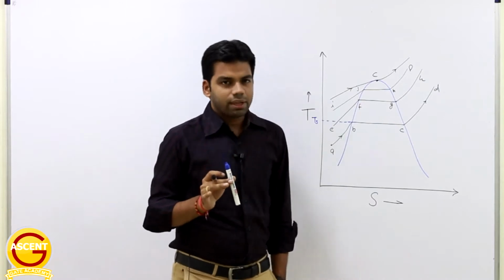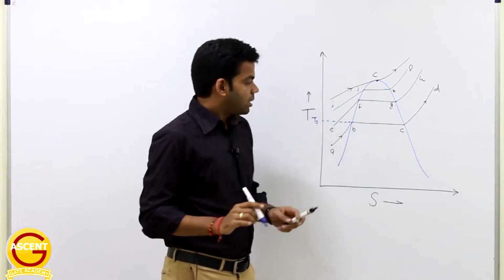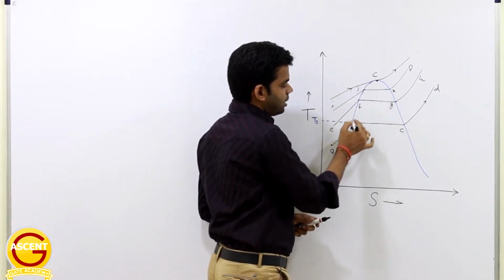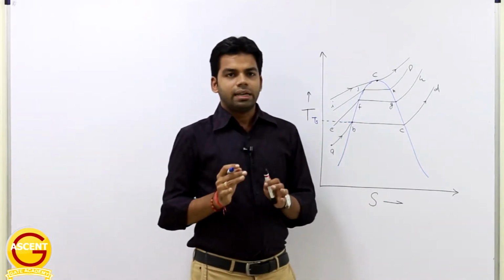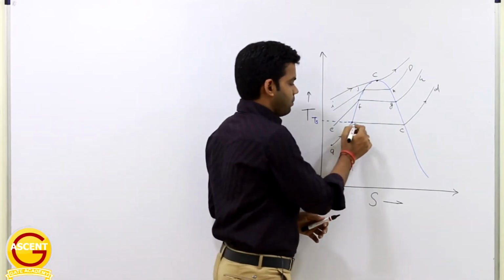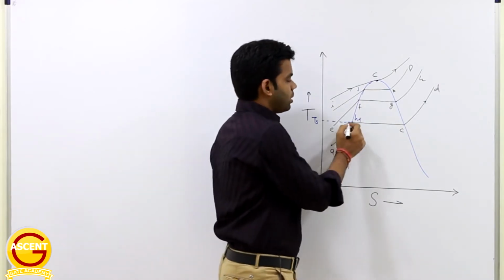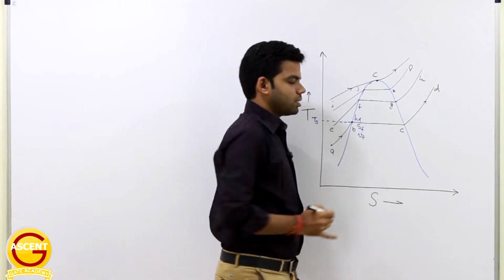Now next very very important thing, now just understand all these things very very carefully. The enthalpy at this particular point, this is the saturated liquid line. Okay, और इस saturated liquid line पे जो enthalpy है, that is nothing but HF. यहाँ की enthalpy को हम show करते हैं HF से, इस पॉइंट की एंट्रोपी को हम शो करते हैं SF से, वॉल्यूम को हम शो करते हैं VF से.